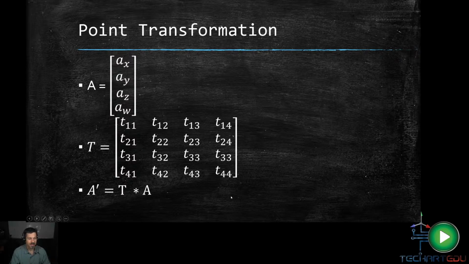Ultimately, the big formula, and this is one reason why linear algebra is so important, is that A prime equals the transformation matrix times the original point. You're going, huh? Really? That's all that's going on here? Yep, that's all that's really going on. You've got the transformation matrix times the original point, which gives you a brand new point, a new frame of reference. Okay.